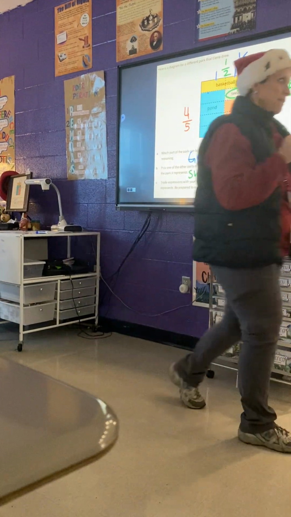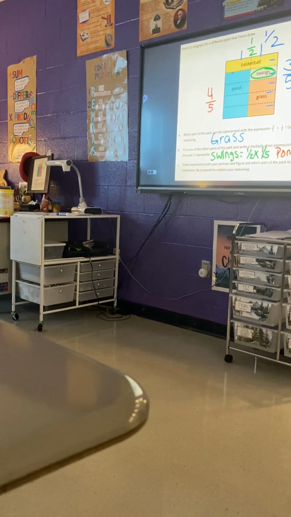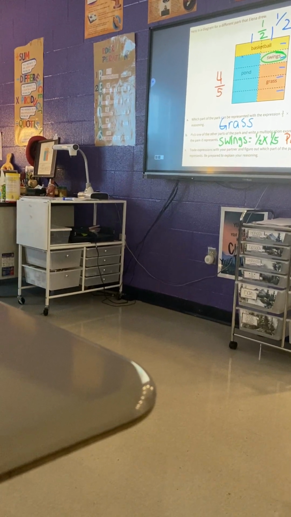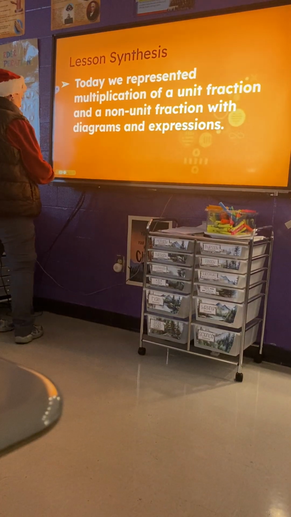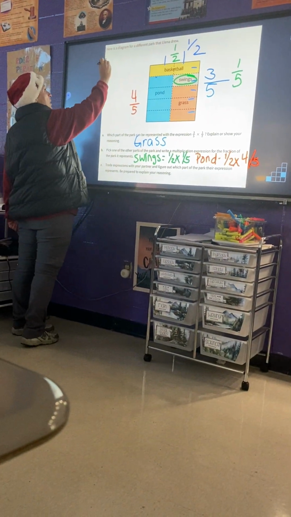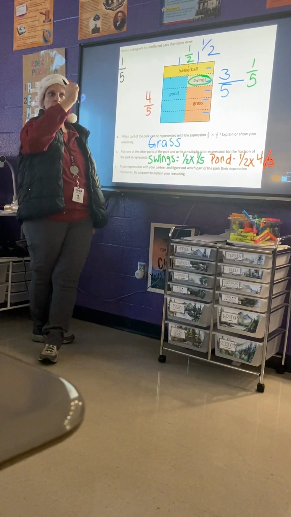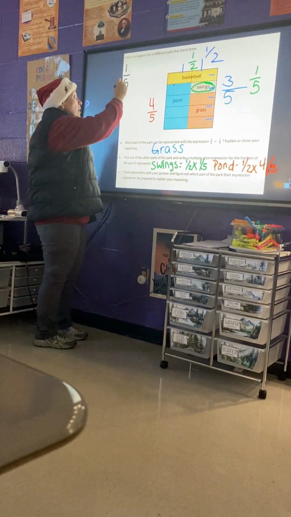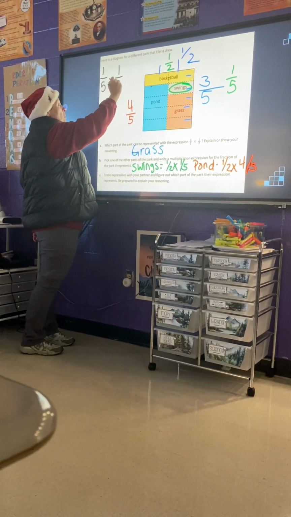Try. I think it's 1/5 going down and then 1/2 going up to the side. Yes, it is. The basketball goal is 1/5 because it's only partially going down. 1 out of the 5 going down times 1 whole, or 1/1.